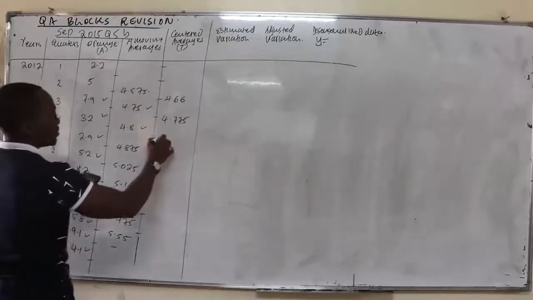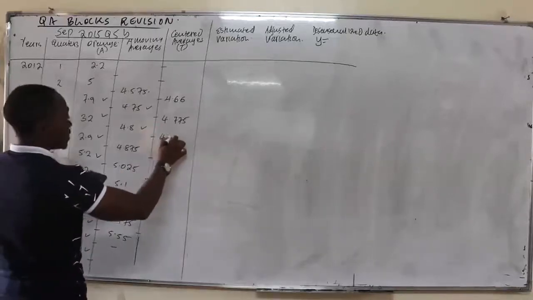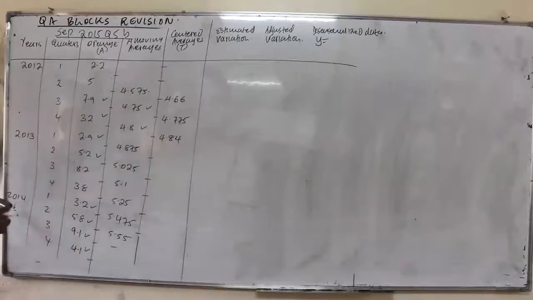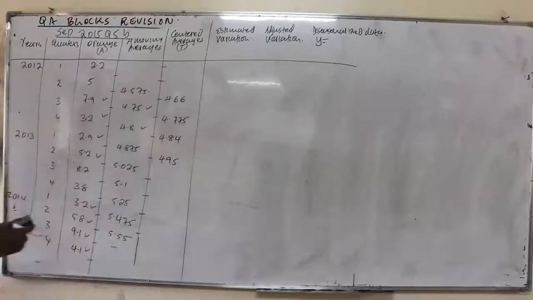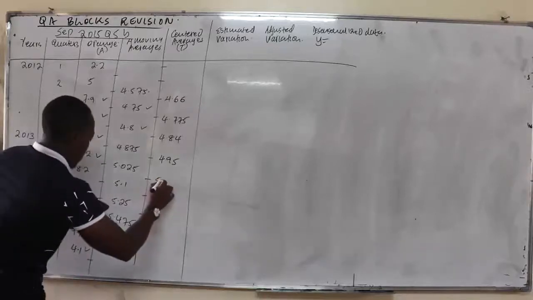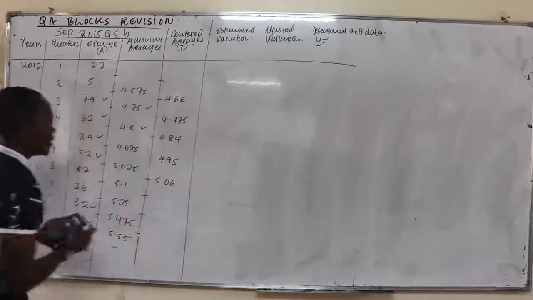Then you center them, and you have 4.84. Then 4.95. Then 5.06.